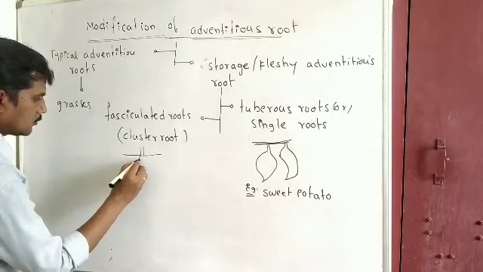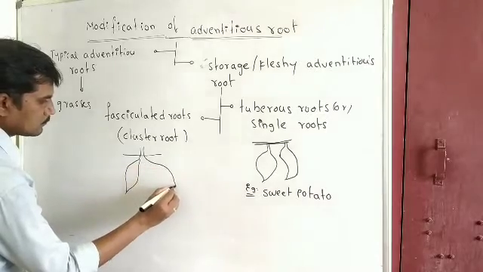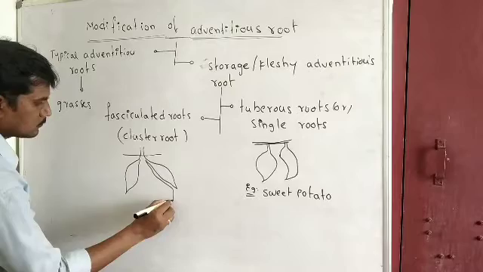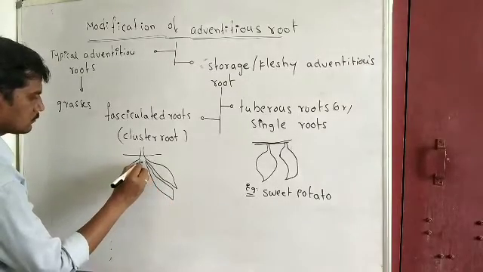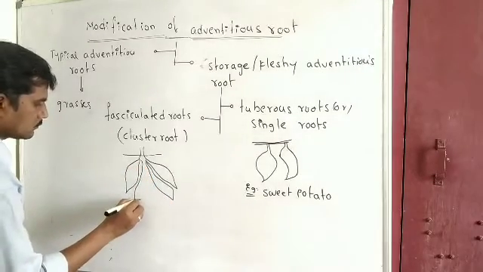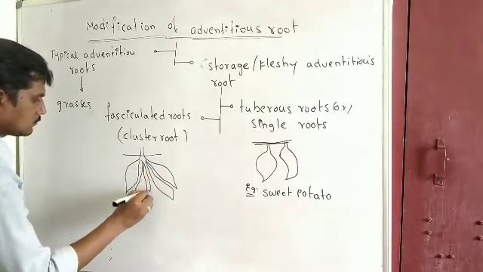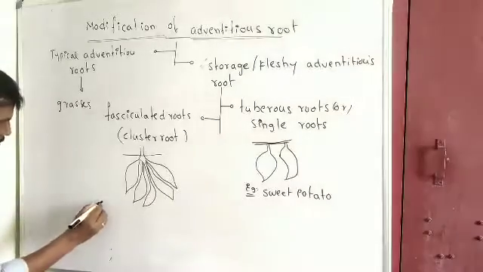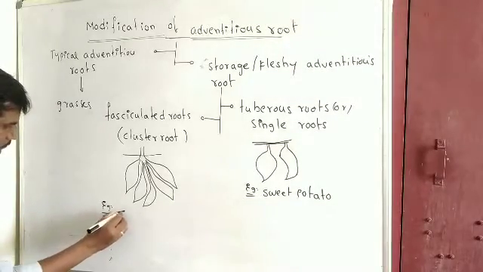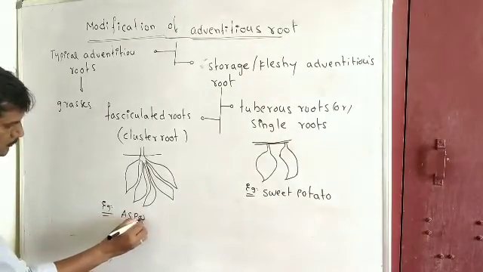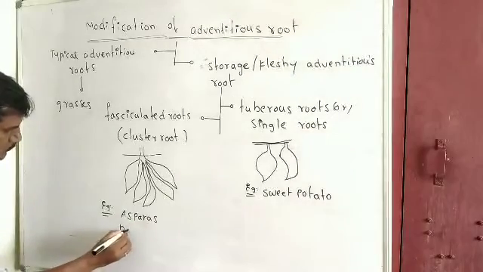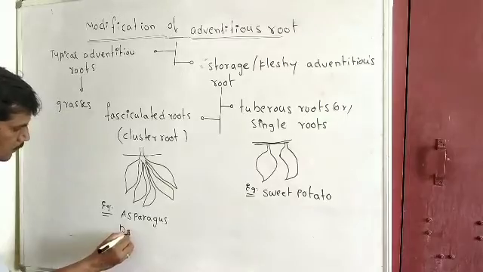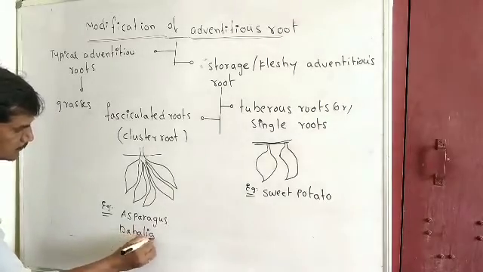They form into cluster roots. So for fasciculated roots, important examples: asparagus and dahlia.